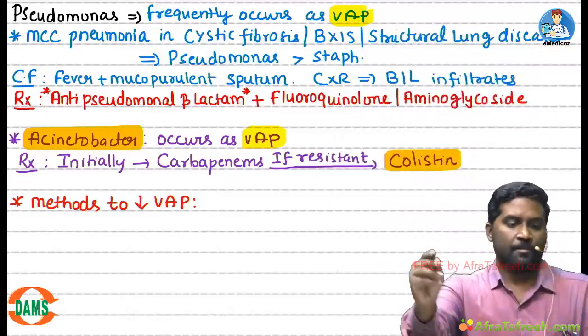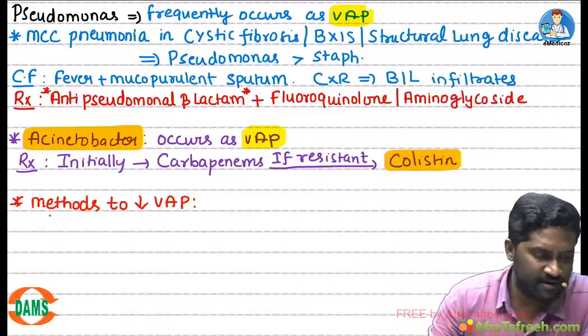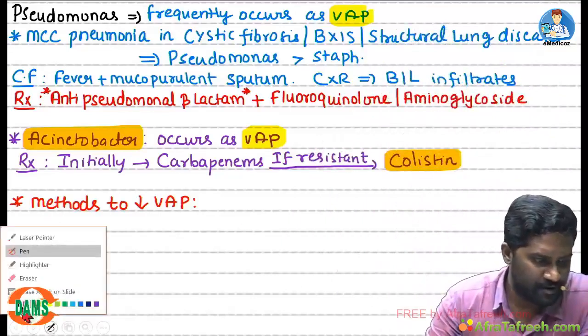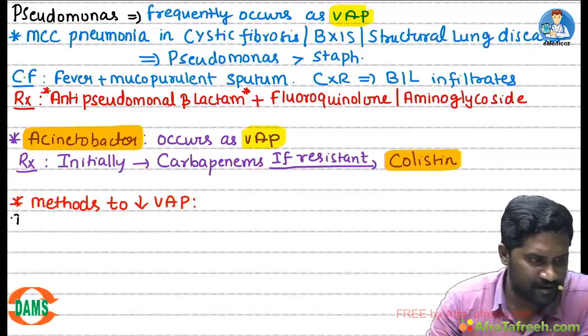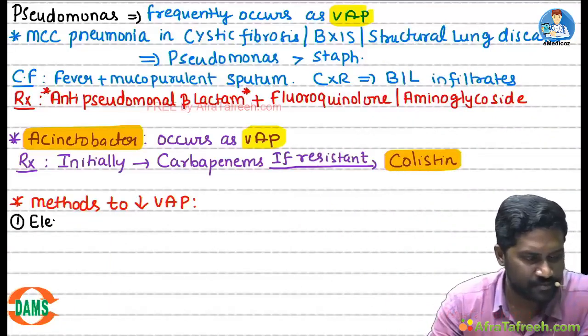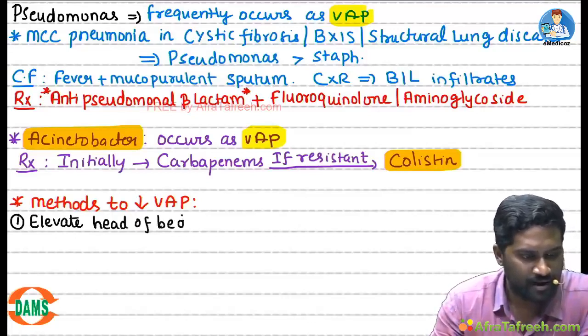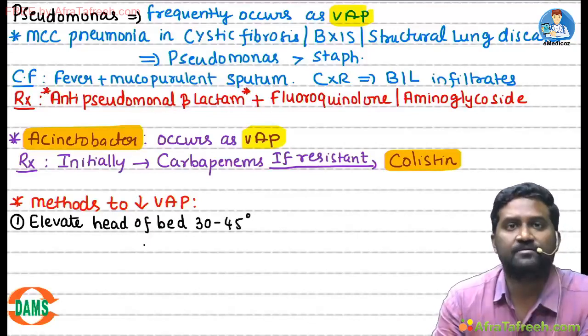So write down methods to decrease ventilator associated pneumonia. First important is elevate head of bed 30 to 45 degrees.